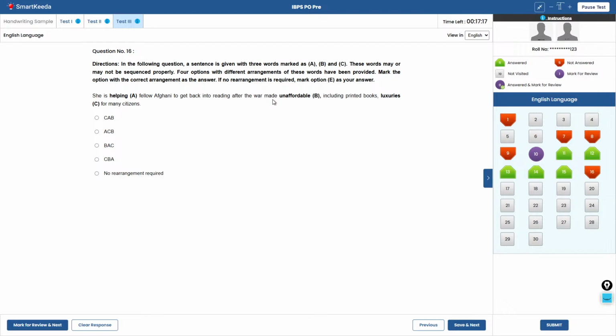Where the war made reading books after the war made luxuries, including printed books.